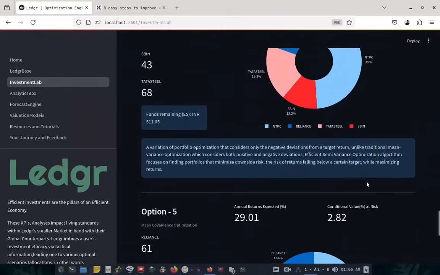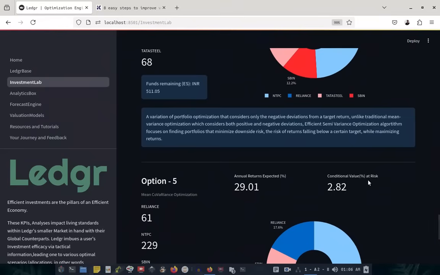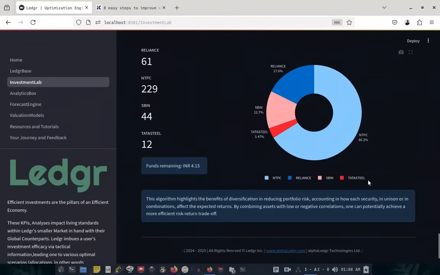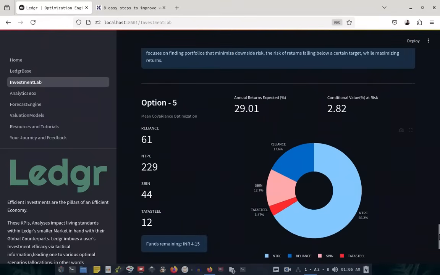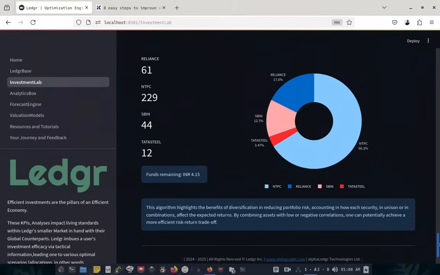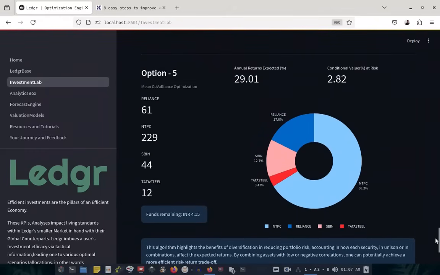Now, the fifth one is different. It considers all kinds of interconnected risks and accounts for how each security, in unison or in bundles or in groups, might affect one another at different times, and it takes into account other factors as well.